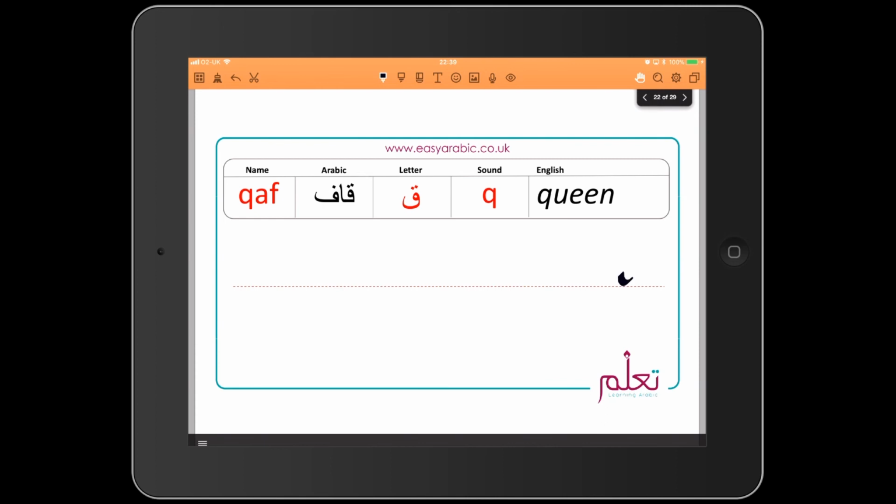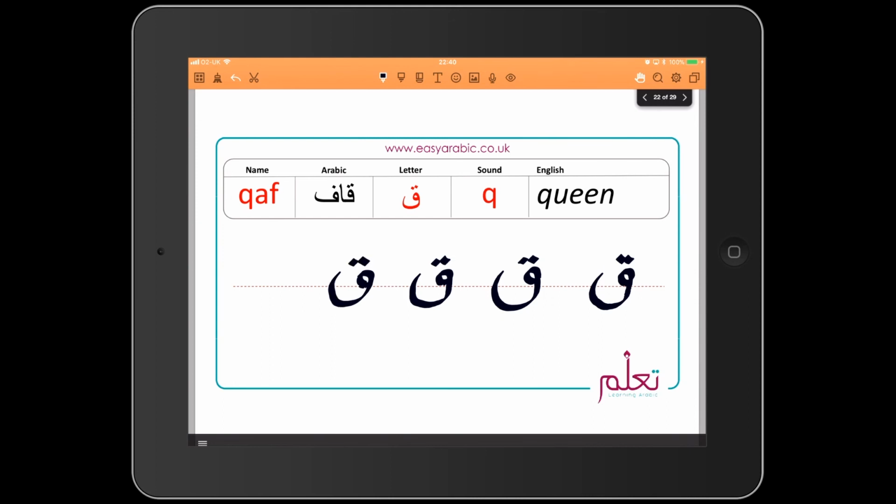Okay, Fa. The Qaf looks exactly like the Fa, but the tail goes below the line. So we have the nukta like this, and then it goes below the line, and it has two nuktas, qaf. And again there and below, qaf, and the tail comes back up past the line, yeah, qaf.